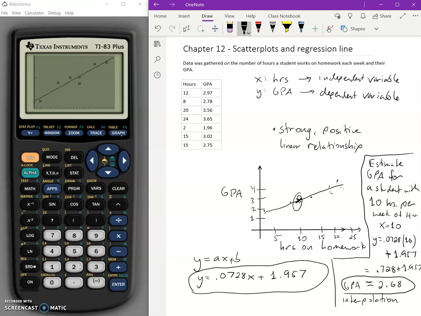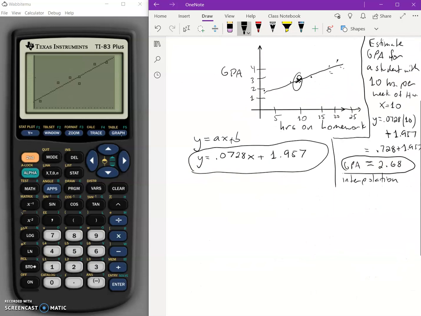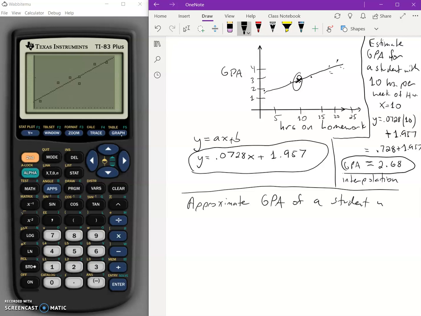But we could now see an example of when this really sticks out as something weird. So we could do another example of, now let's approximate the GPA of a student who does, say, 60 hours of homework each week.